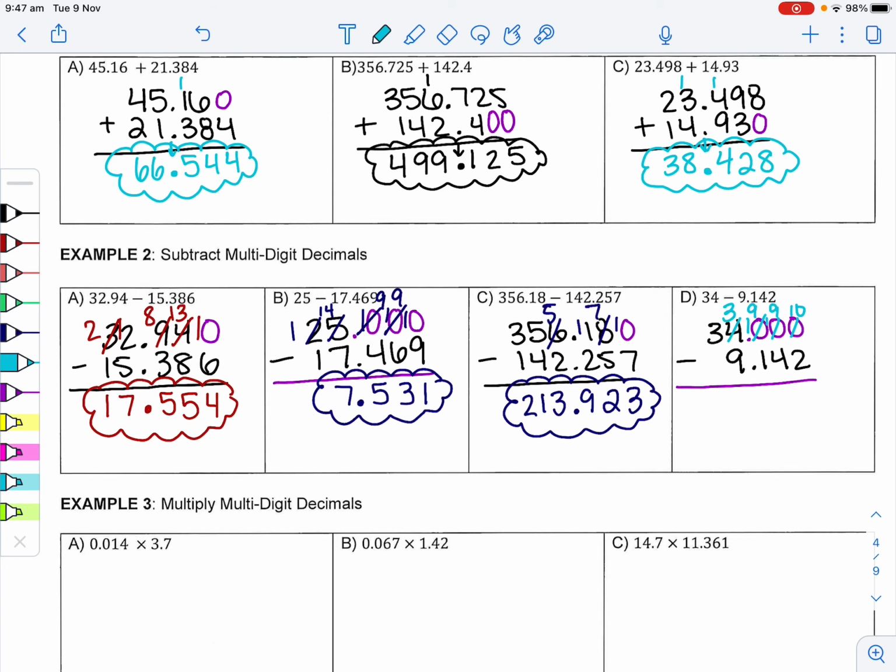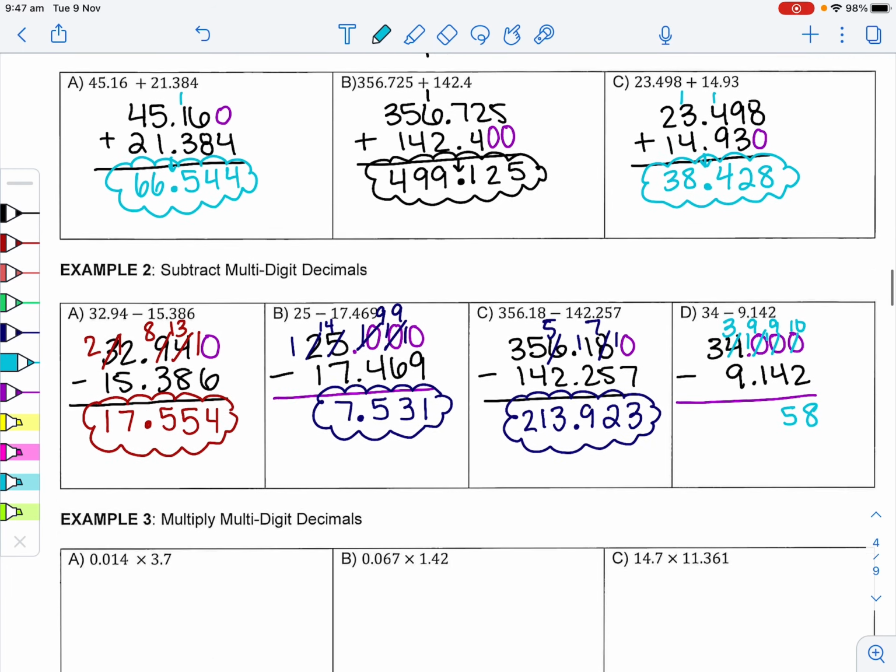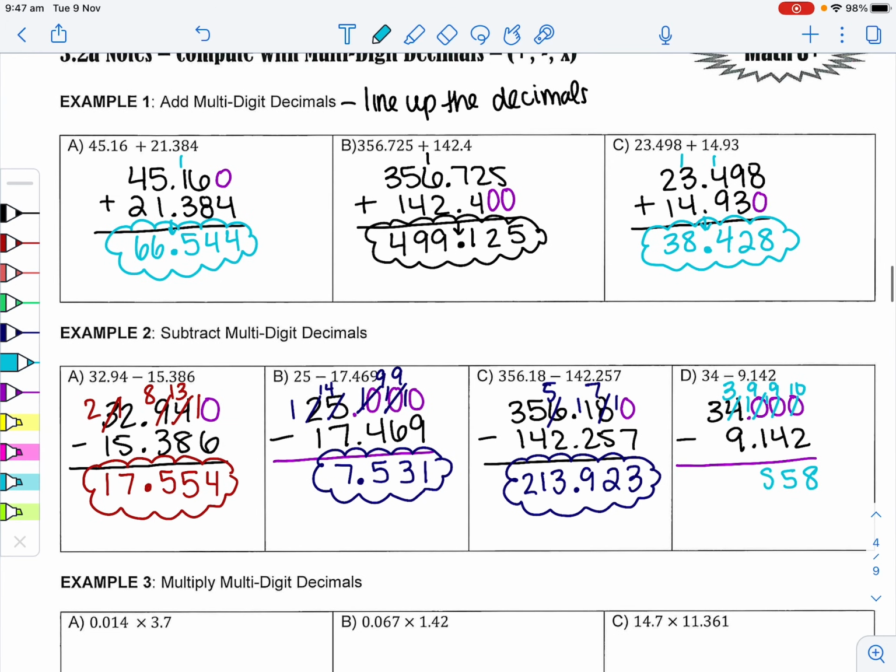So 10 minus 2 is 8, 9 minus 4 is 5, 9 minus 1 is 8. Bring down my decimal. I'm going to borrow here, so 13 minus 9 is 4, and then 2 minus 0 is 2, so 24.858.